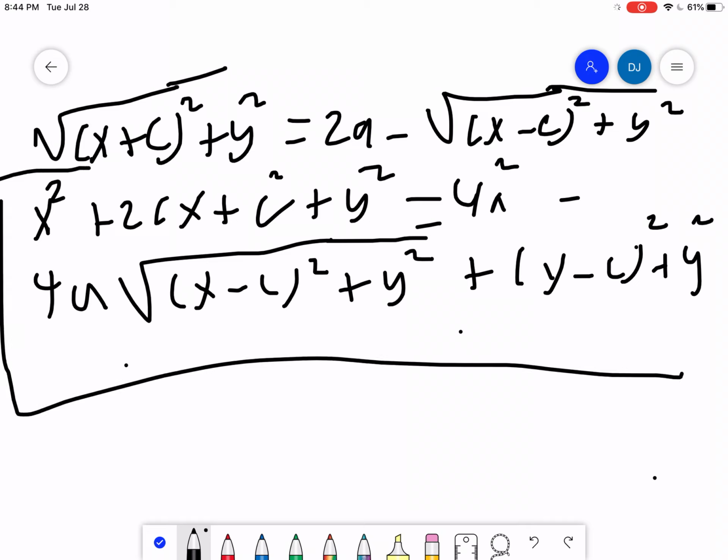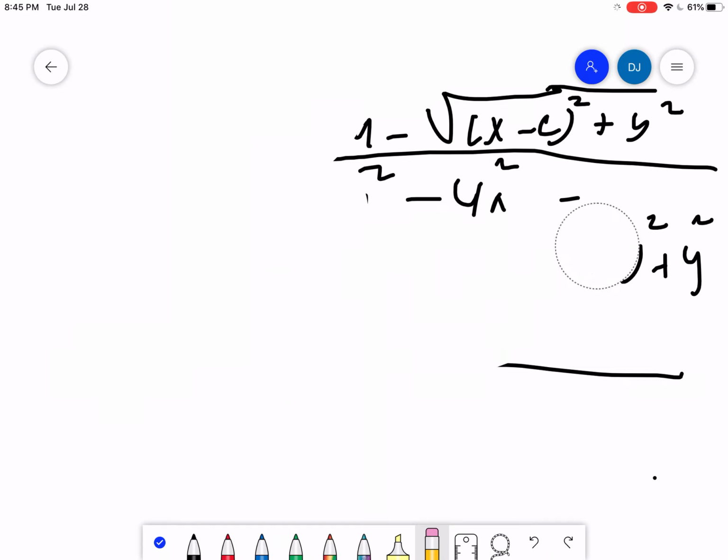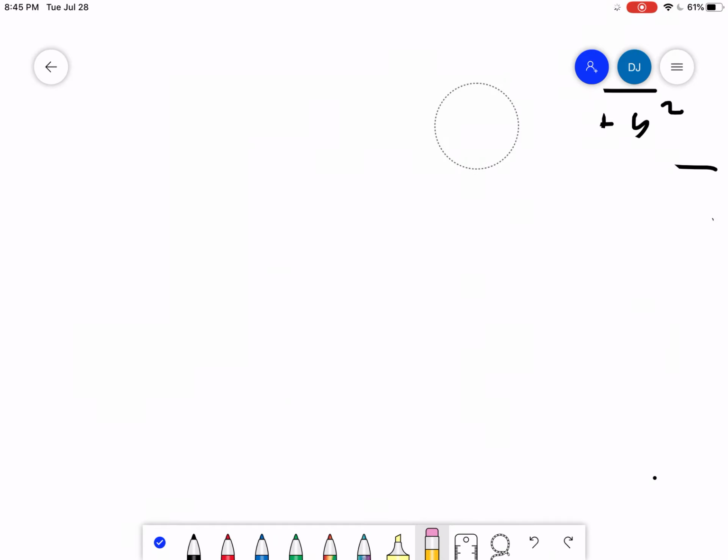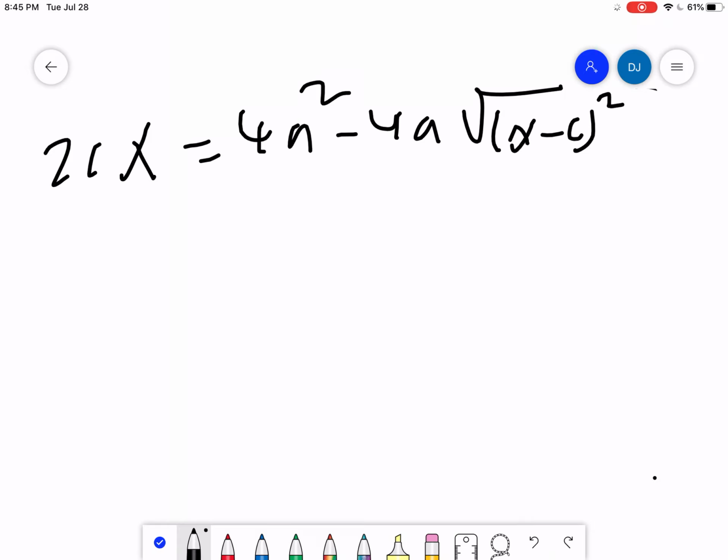Now, the next step is to combine all the like terms. If we combine all the like terms, we get 2cx is equal to 4a squared minus 4a times the radical of x minus c quantity squared plus y squared, which is in the radical, plus y squared minus 2cx.